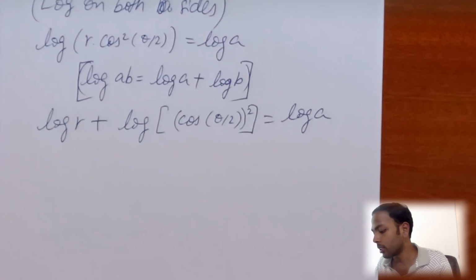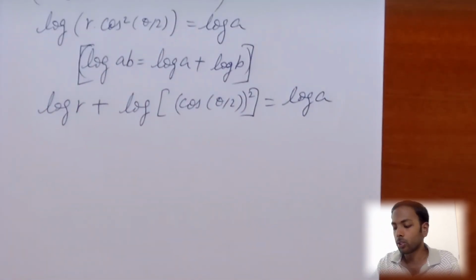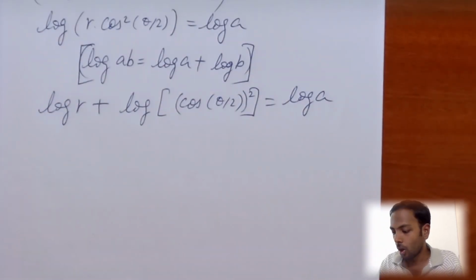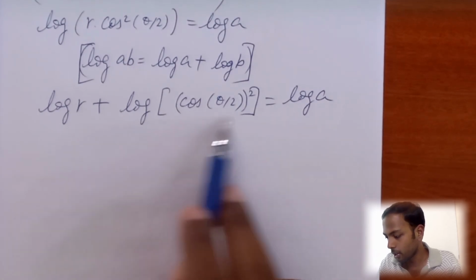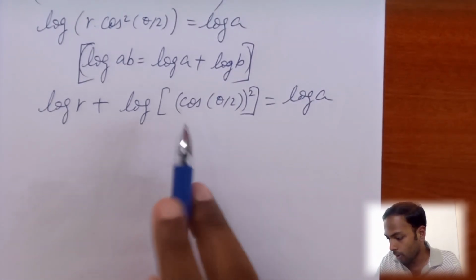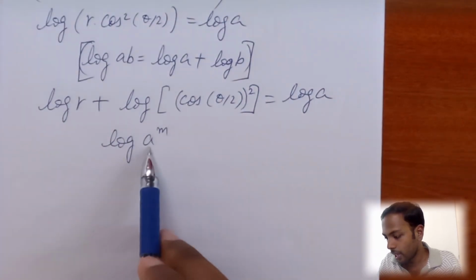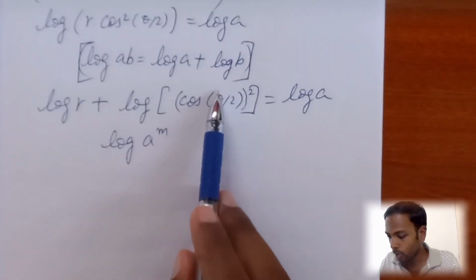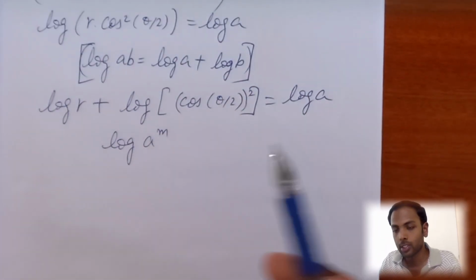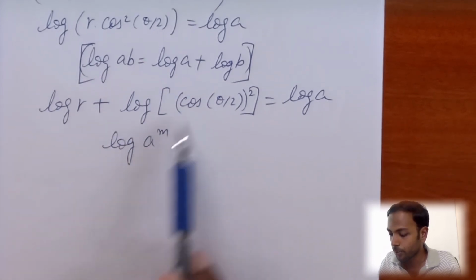After this, what formula can you apply to simplify this further? For log r, there is no formula, but look here. This is in the form of log a power m, where a is cos theta by 2 and m is the square outside, the power is 2.